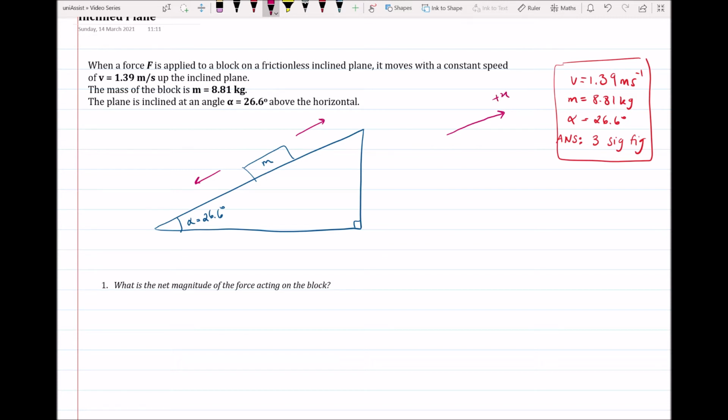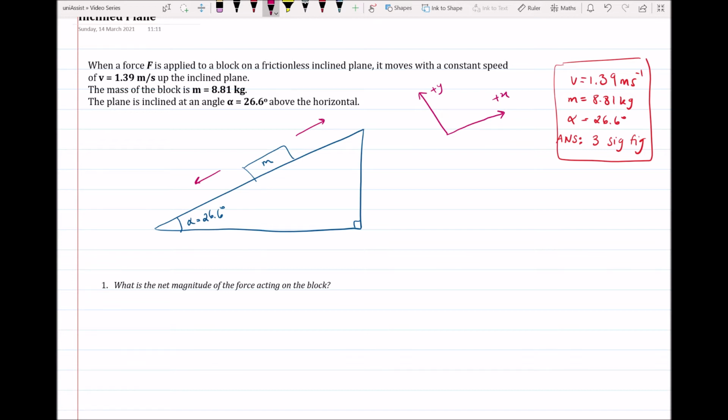And then my y direction is where the normal force is on the block, so I'll choose this direction here as my positive y direction. You can do it in any way that you choose, but you just have to keep in mind that your force has to be respective of that coordinate system, including the direction, so your positive and your negative.